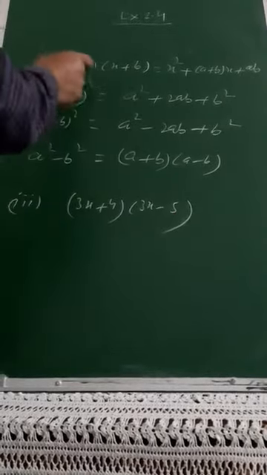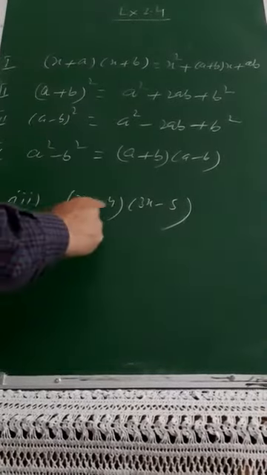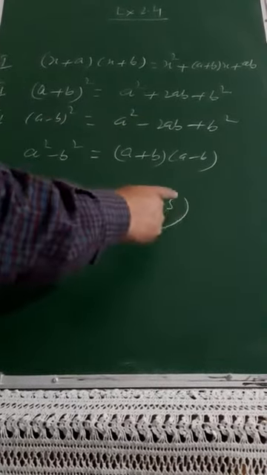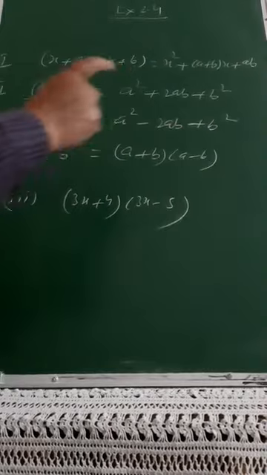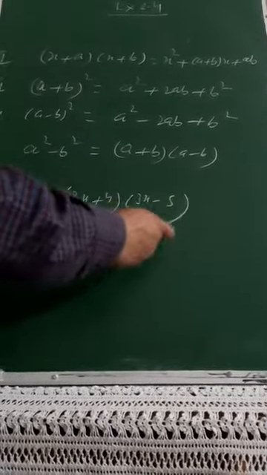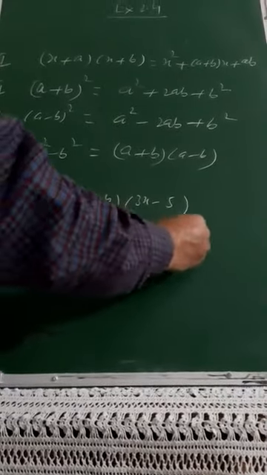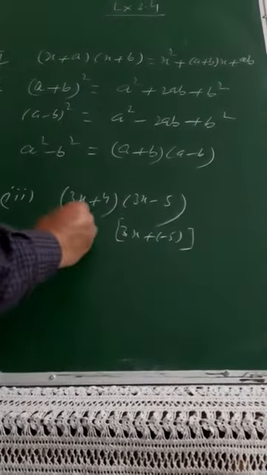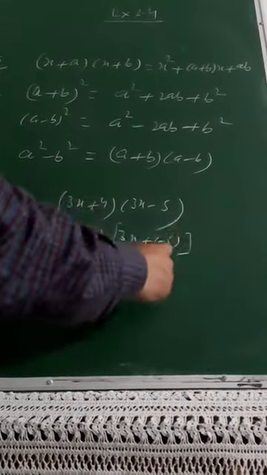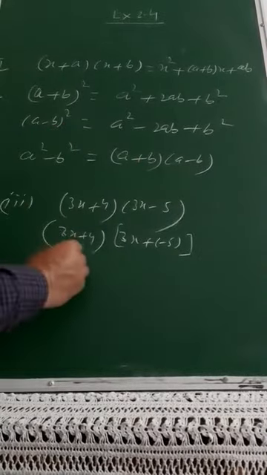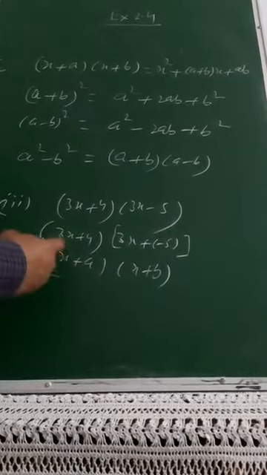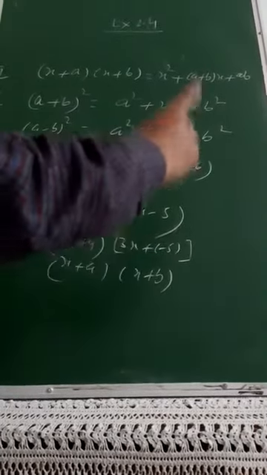The first term is common, so this is lying in the form x plus a, x plus b. That is negative, you ignore that sign. Standard form I said will always be discussed with plus signs only. That minus I can keep inside the bracket. I can express it as 3x plus minus 5 also. So this is 3x plus 4, x plus a, x plus b, where b is equal to minus 5. So this is in the form of x plus a into x plus b, where x is 3x, a is 4 and b is minus 5.